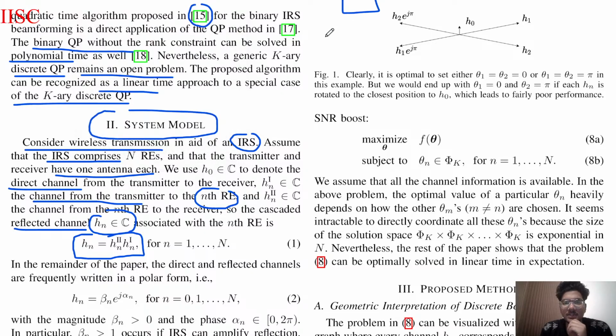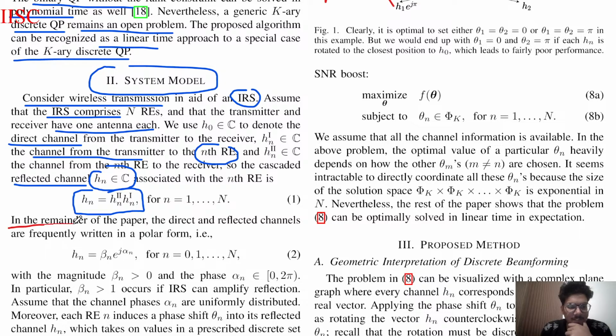This one is the transmitter through which it goes. So this one is H1 of N, and this one is H2 of N. In the remainder of this paper, the direct and the reflected channels are frequently written in the polar form.